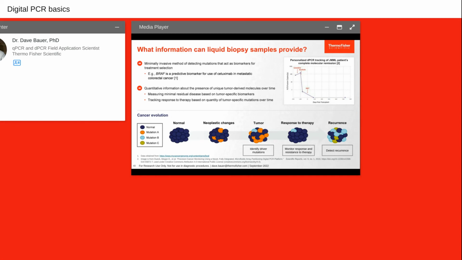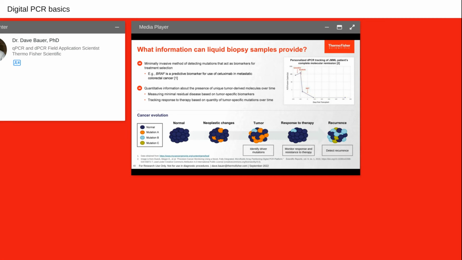But then the second treatment had a great impact, a severe reduction in the tumor sequence concentration. That information can be very useful to monitor treatment efficacy and also to look if there is progression to any further stages or recurrences of the cancer after therapy or after treatment.